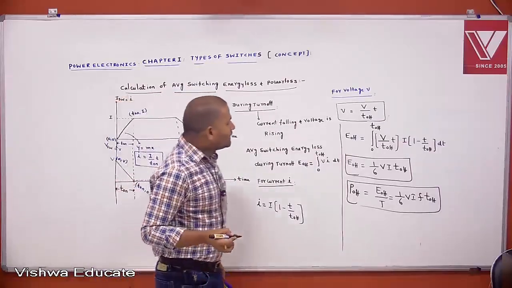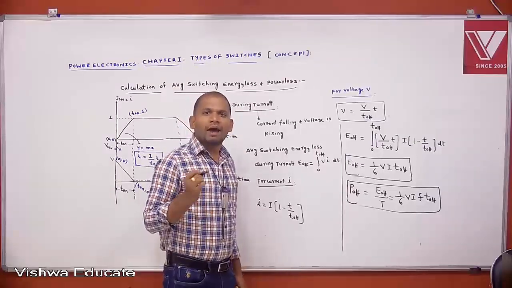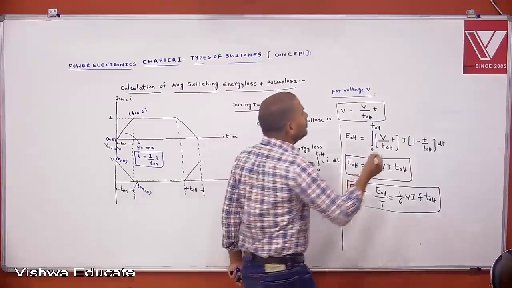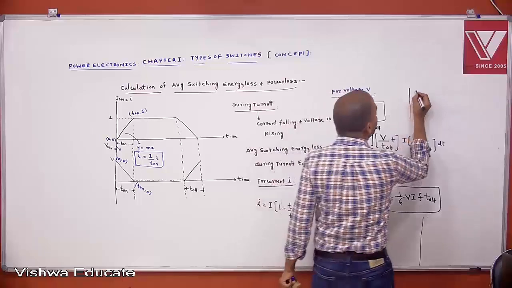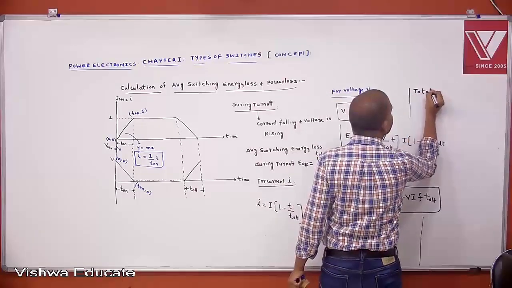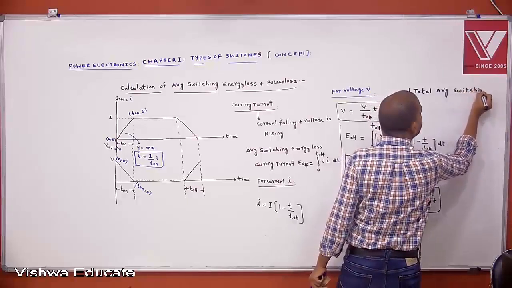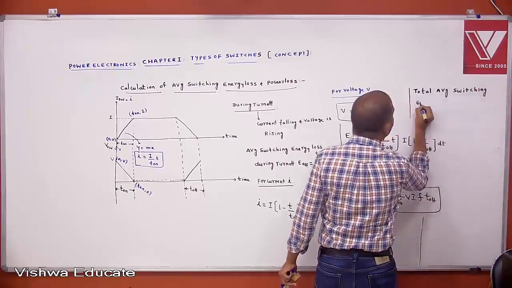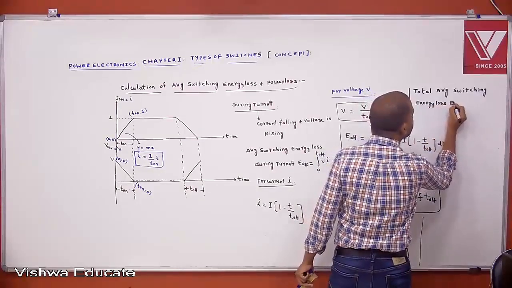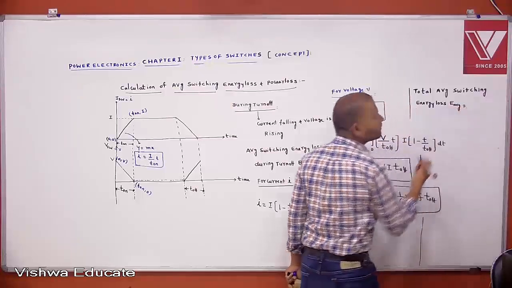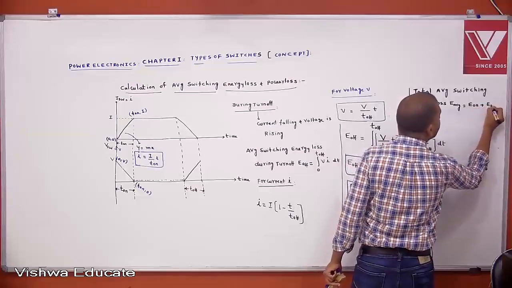Now, what is the total average switching energy loss and average power loss? Total average switching energy loss, that is on state energy loss plus off state energy loss.